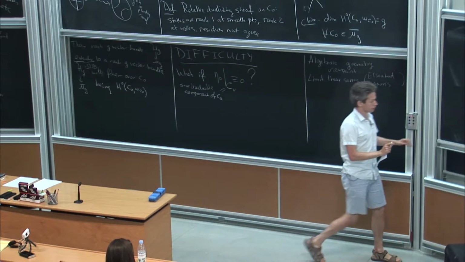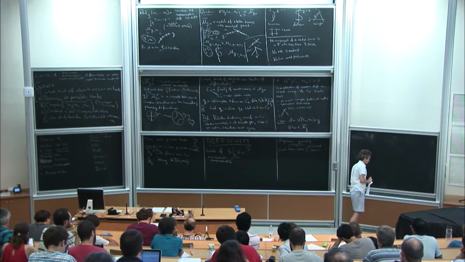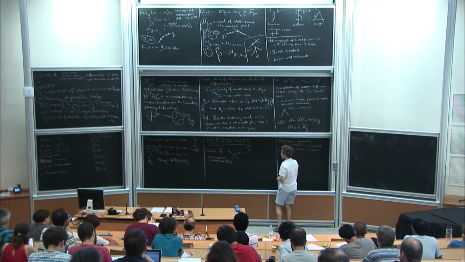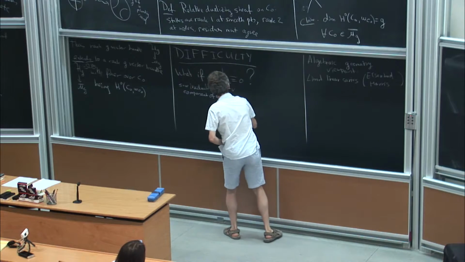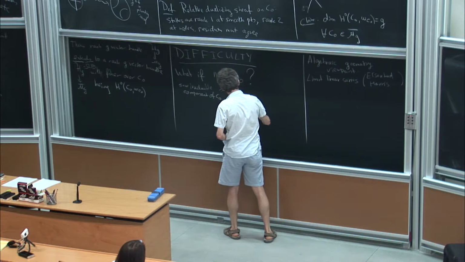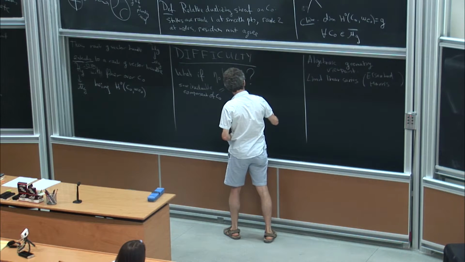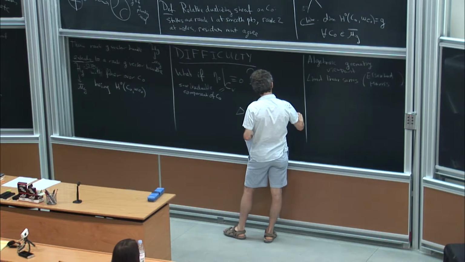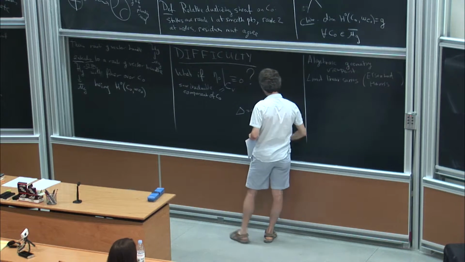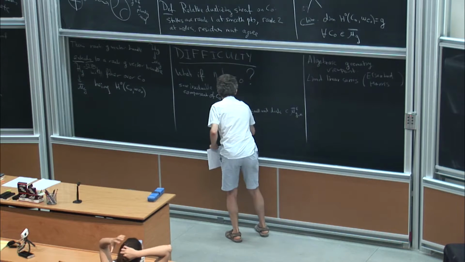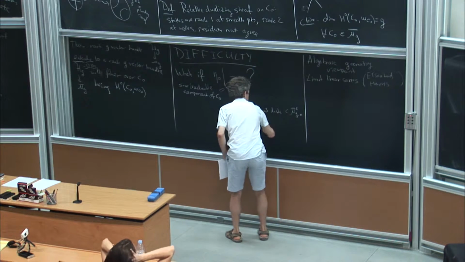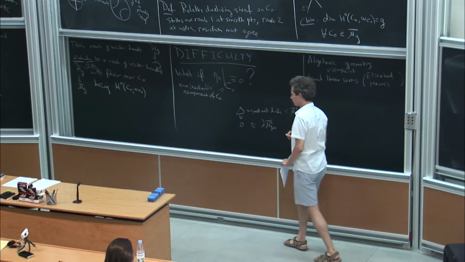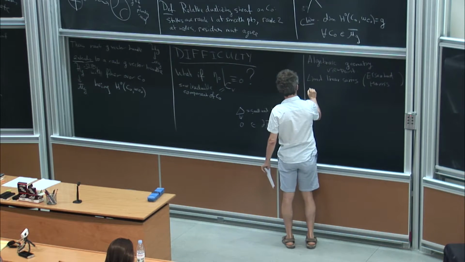Let me maybe go here. So let's say Delta is a small disk, which is sitting inside the compactified moduli space of curves, so that 0 sits on the boundary. What does this mean? This means I have a family of curves.